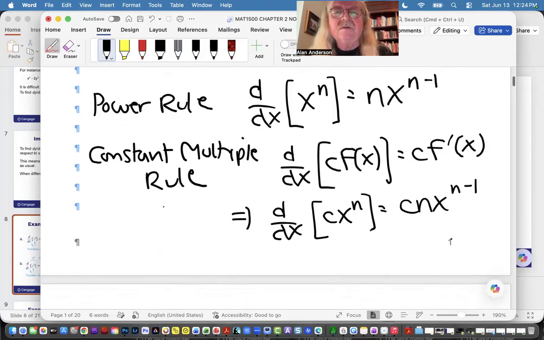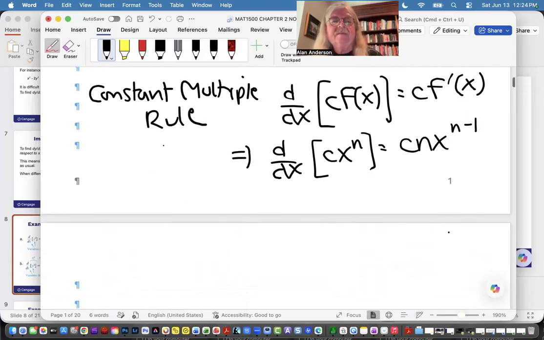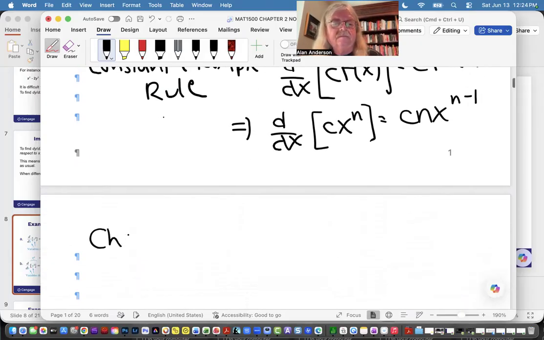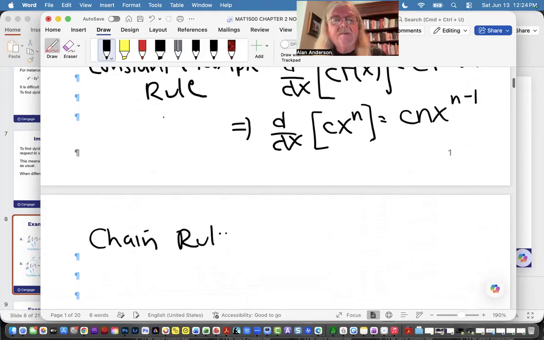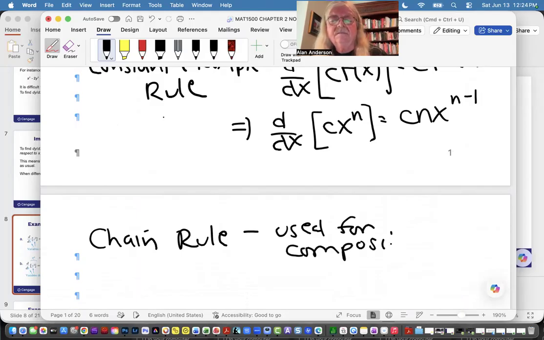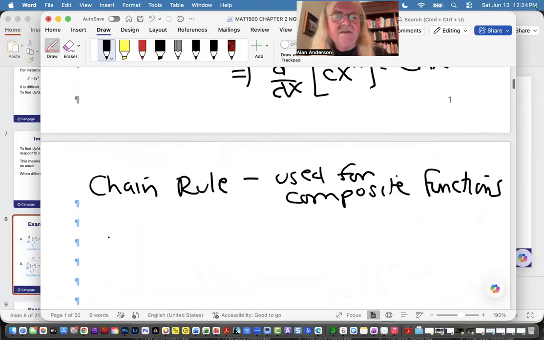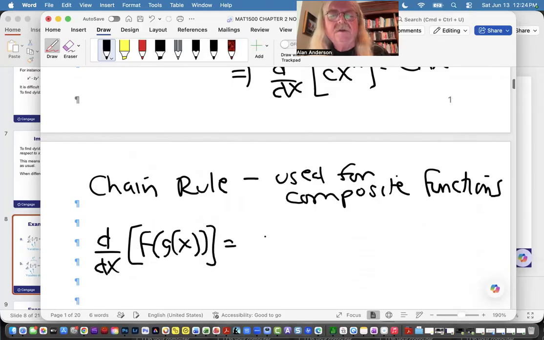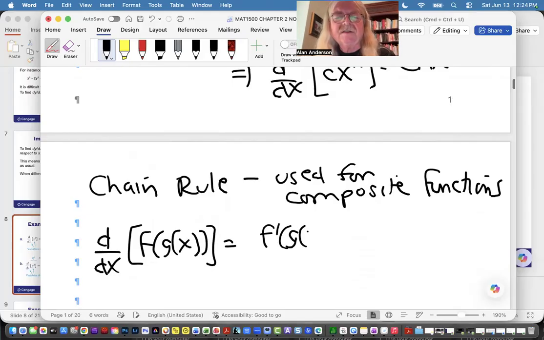Now, the next thing we're going to do is remember how the chain rule works. If you remember, this one is used for composite functions. So if you have a case like this, you'll end up with f prime of g of x, g prime of x.